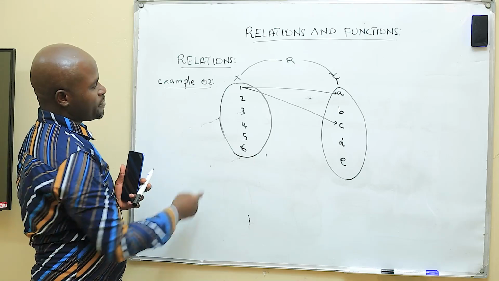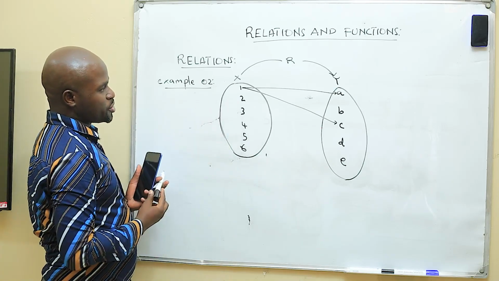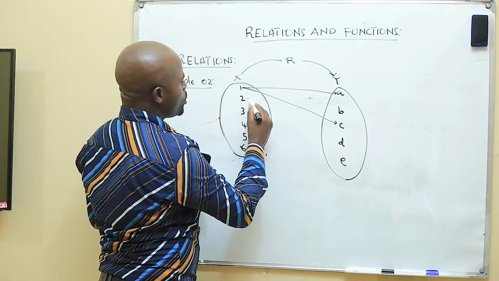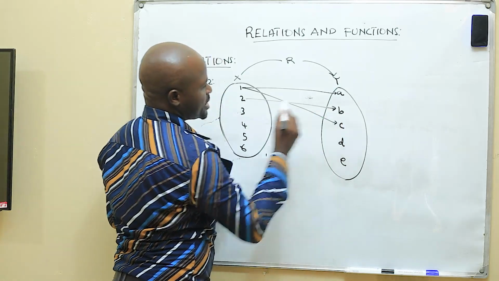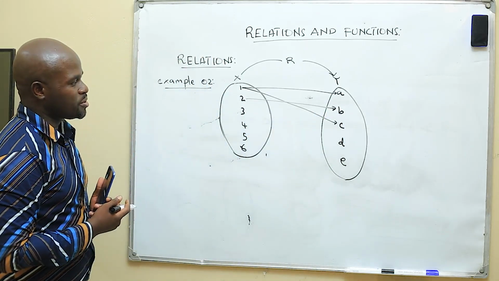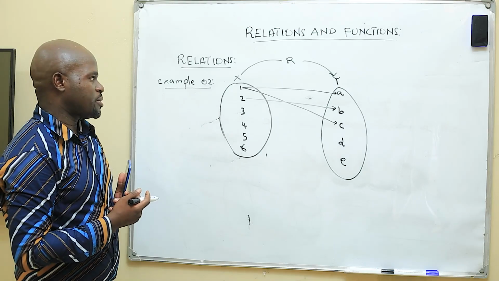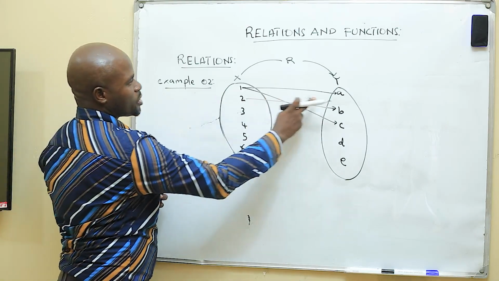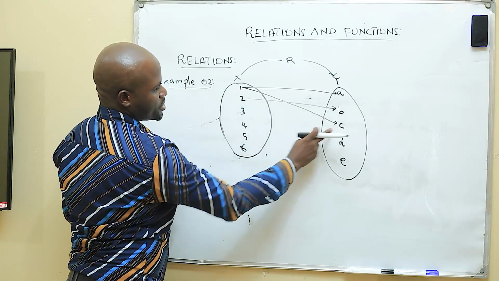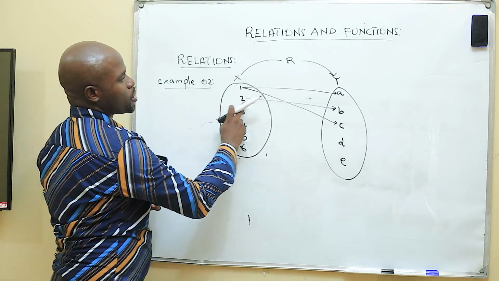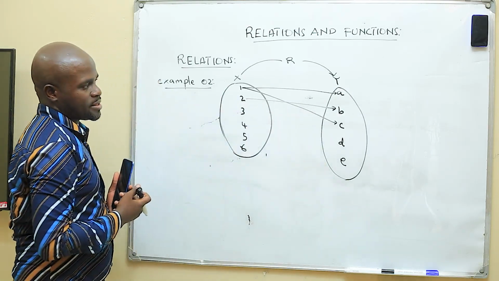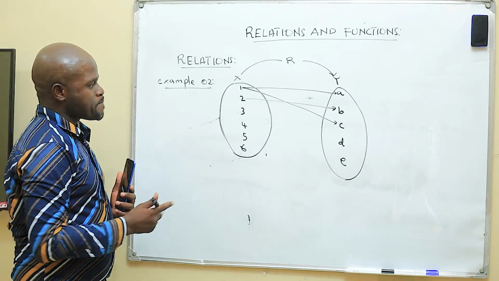But also we have an element, which is 2, can relate with maybe only one element of the second set, which is B. That is possible in relation. So we have number 1 goes with A, number 1 goes with C, number 2 goes with B. Yes, that is possible in relation.